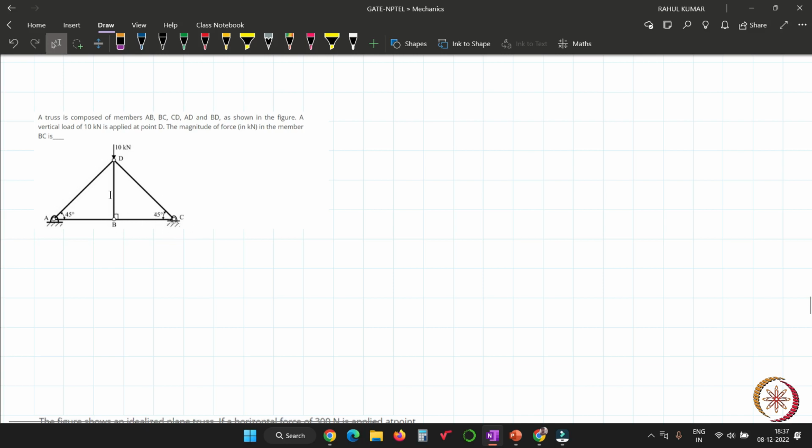Here you have to see very carefully, because here it is a pin joint, but here there is a roller joint. It is rarely visible, but still you can assume that here is a roller joint. So what is the situation here? How many members can you tell me?